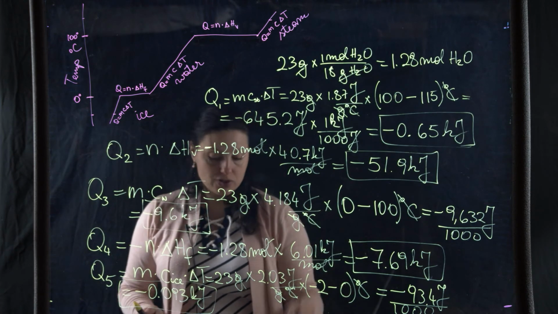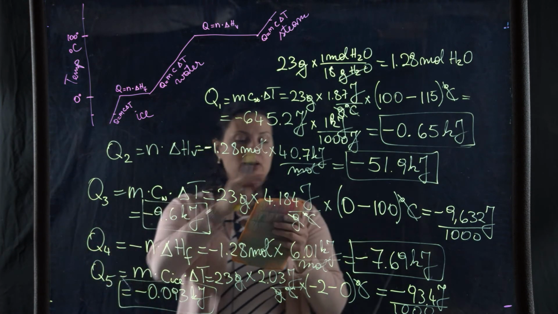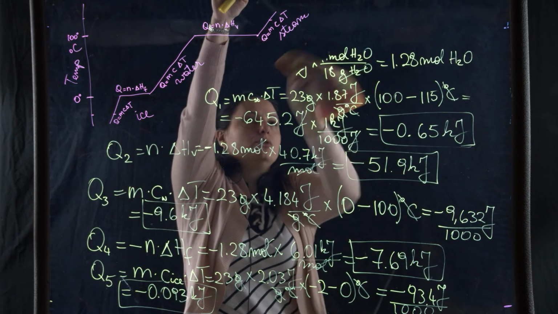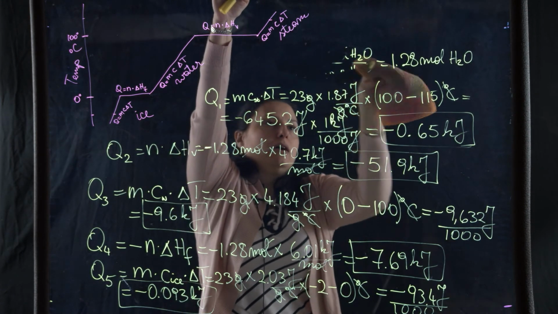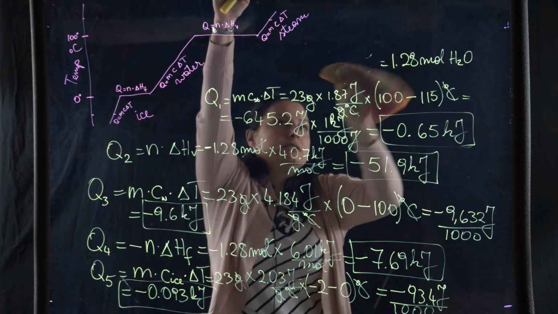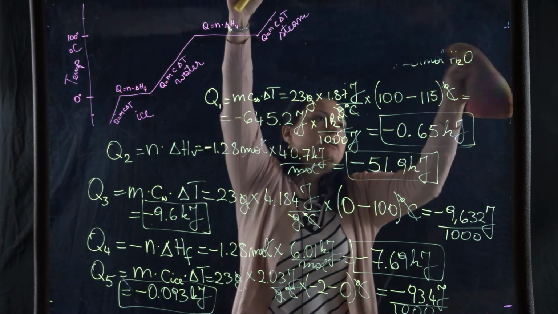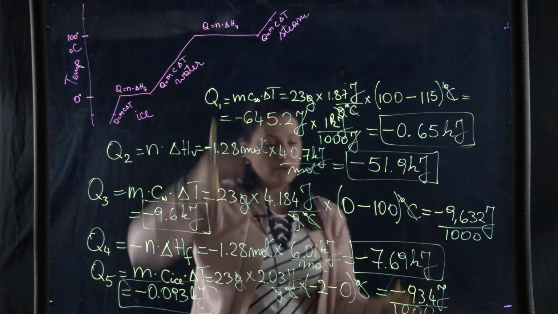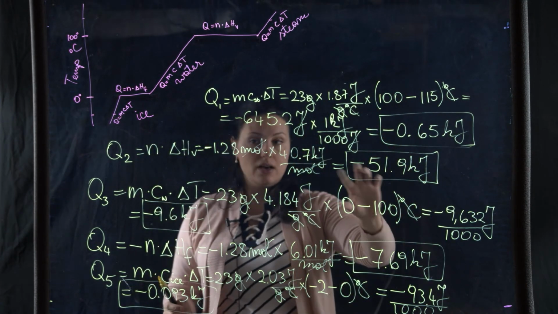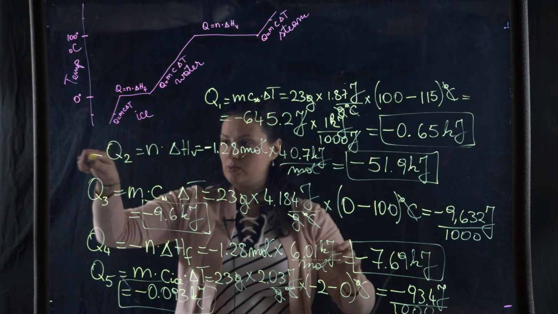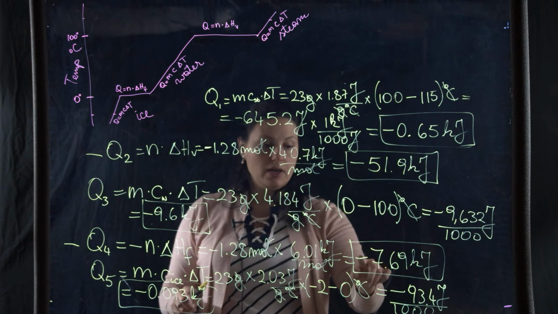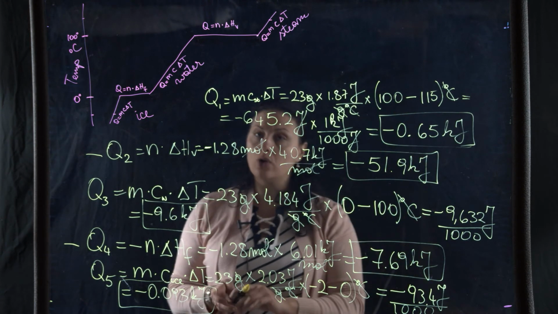And now all I have to do to figure out the total amount of energy is just add all of the Q's together to give me the total amount of heat that is given off. As you can see, if you had these two values as positive numbers, then that would throw off the total.